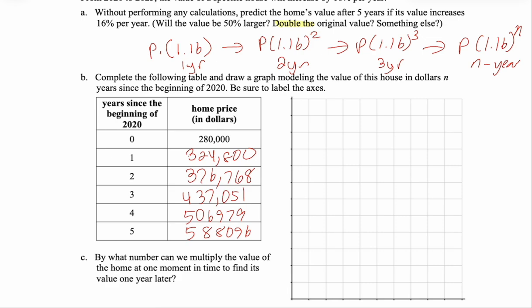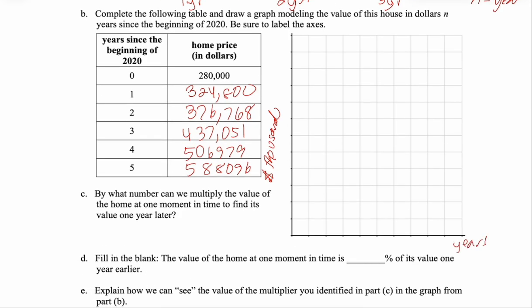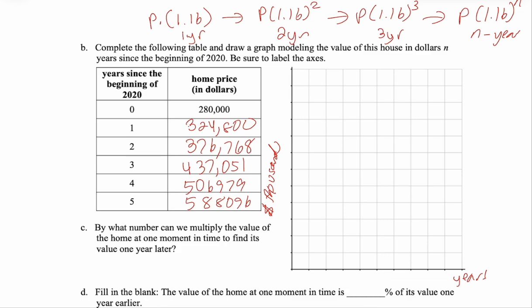Let's make these the price in thousands. And this will be the years. Okay. So we'll just count here by ones. Now we have to be between 280 and 580.